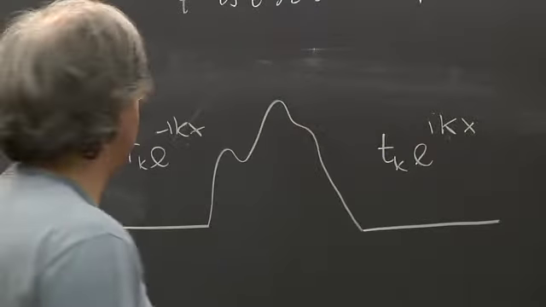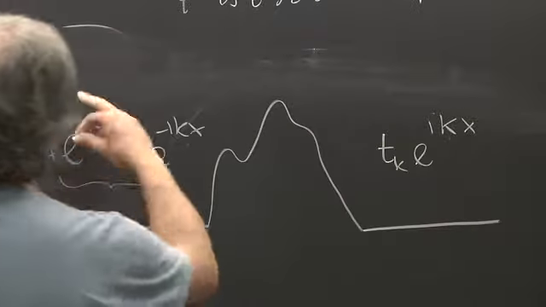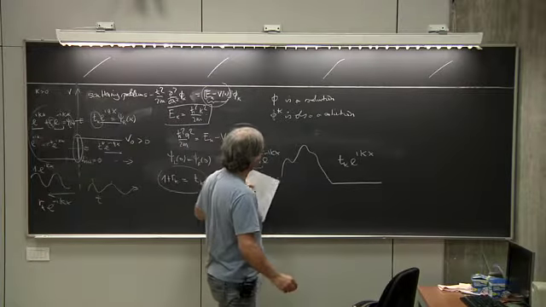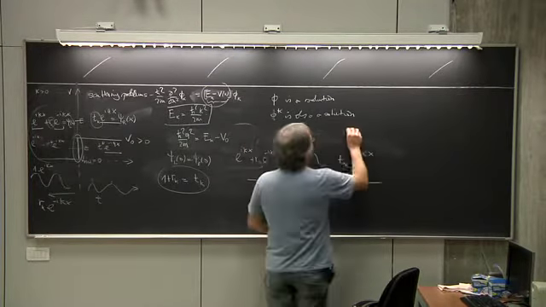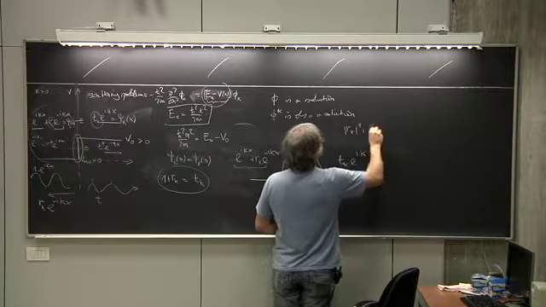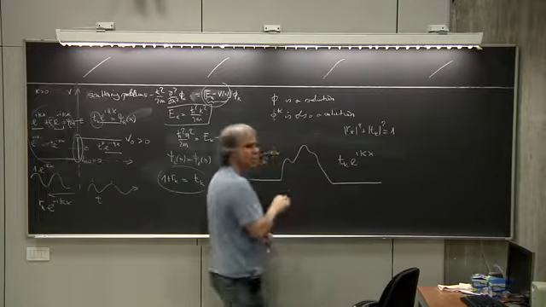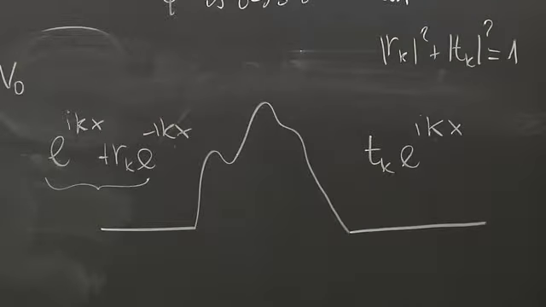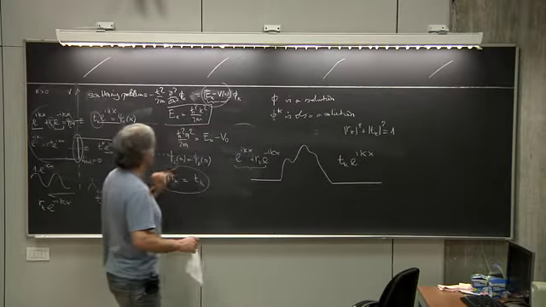You can verify very easily that the current associated to this function is such that if you want to have the same current there, you must have rk squared plus tk squared equal to 1. Okay? We'll do it in a while when we switch to currents. Okay? The current operator, you remember what it is. Psi star, grad psi, minus grad psi star psi with some i's and h bars. Okay? So we'll do it in a second. For the time being, just remember, this is not always true. It depends on the setting.